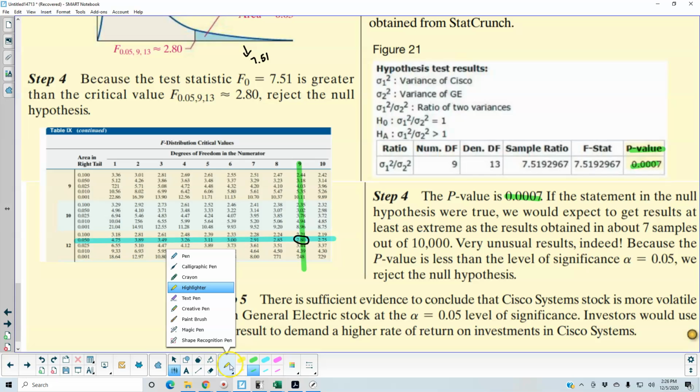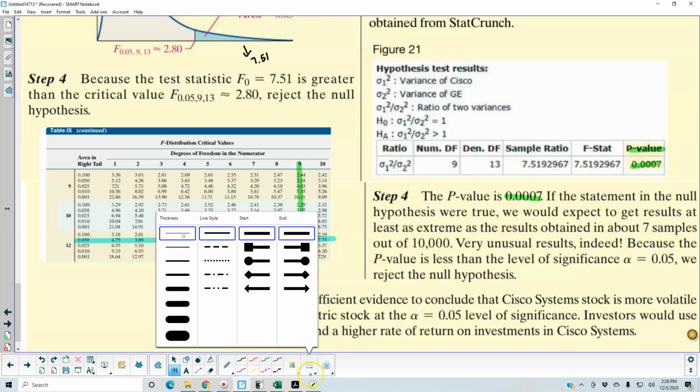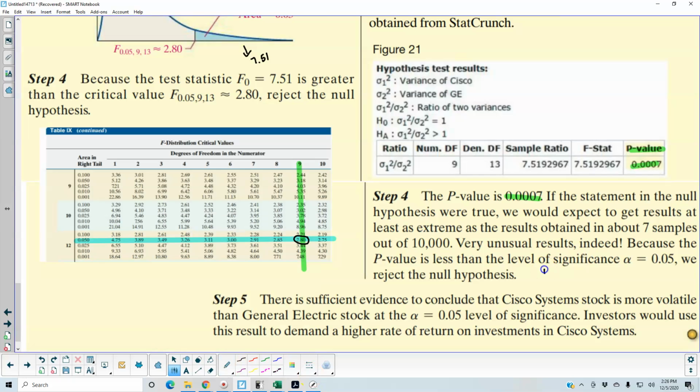So what that means here is that the p-value, which we found to be 0.0007, versus alpha, which is 0.05, is less than the significance level.